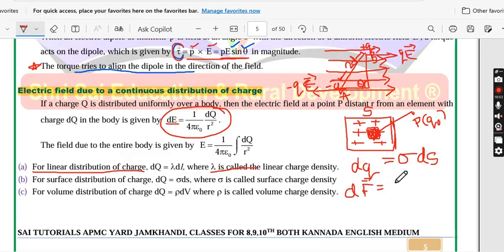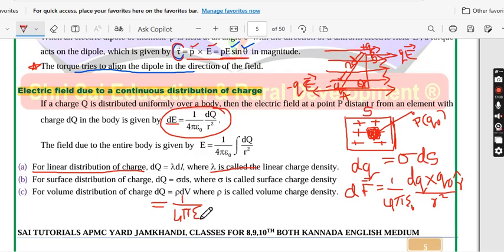dF bar is equal to 1 by 4 pi epsilon naught dq into q naught divided by r square into r cap, or it can be written as 1 divided by 4 pi epsilon naught sigma into dq.